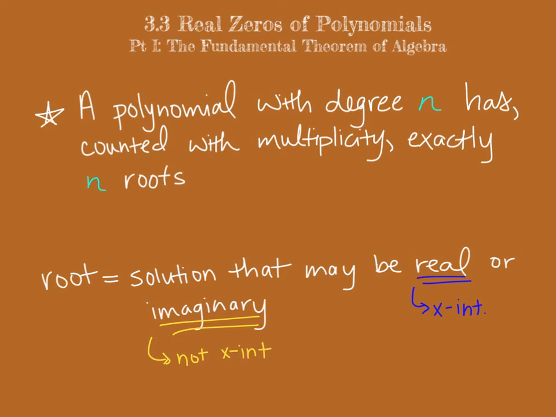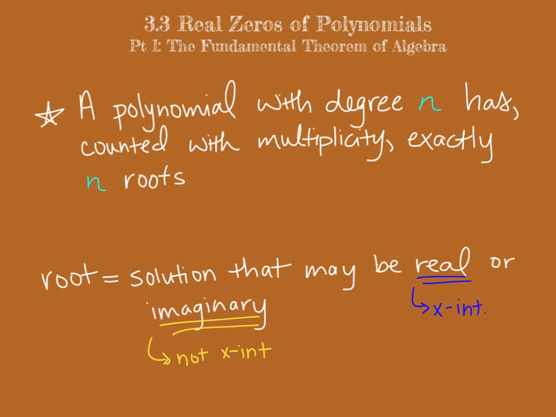It's imaginary. All right, the fundamental theorem of algebra states that any polynomial that has a degree n has, counted with multiplicity, exactly n roots, or n zeros. So a polynomial that is degree 3, some cubic, has exactly 3 roots. Those 3 roots may be real or imaginary, depending.